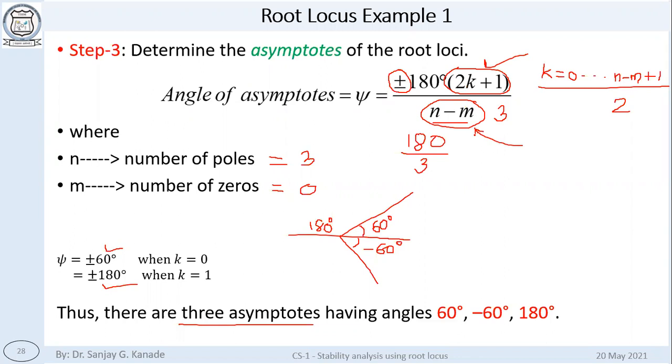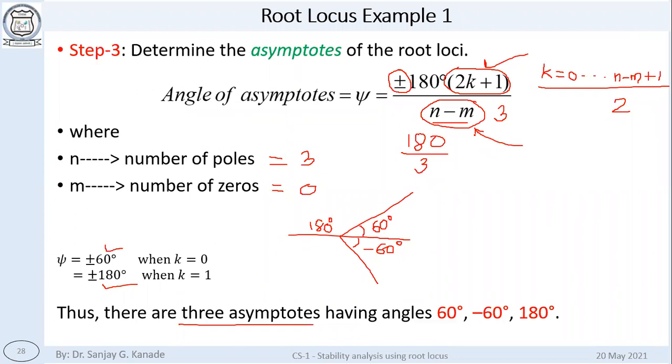If the number of poles and zeros is equal, there are no asymptotes. If the difference between poles and zeros is 1, there will be 1 asymptote.